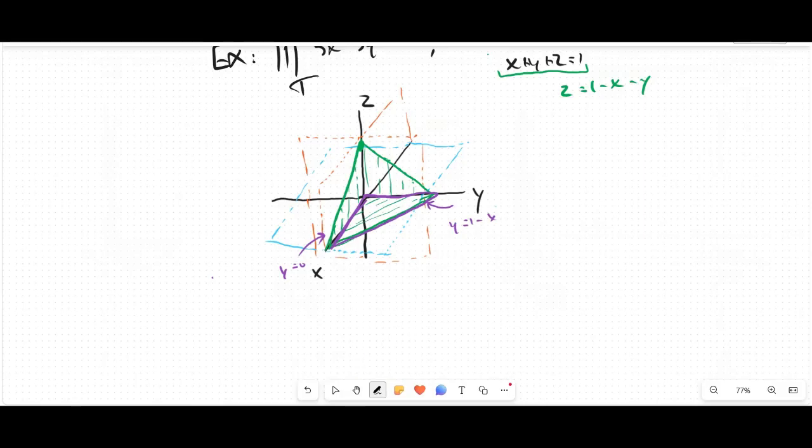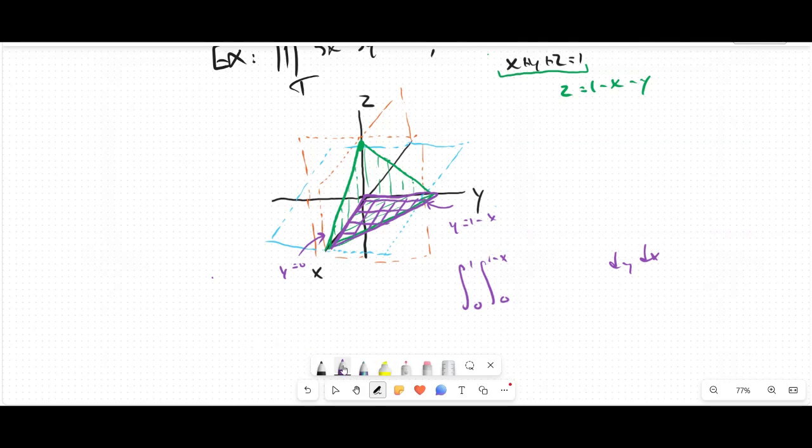And therefore, a double integral over that purple region can be achieved by going x from 0 to 1 and y from 0 to 1 minus x. So that's dy on the inside, dx on the outside. I've set up a standard double integral in Euclidean coordinates over that base there.